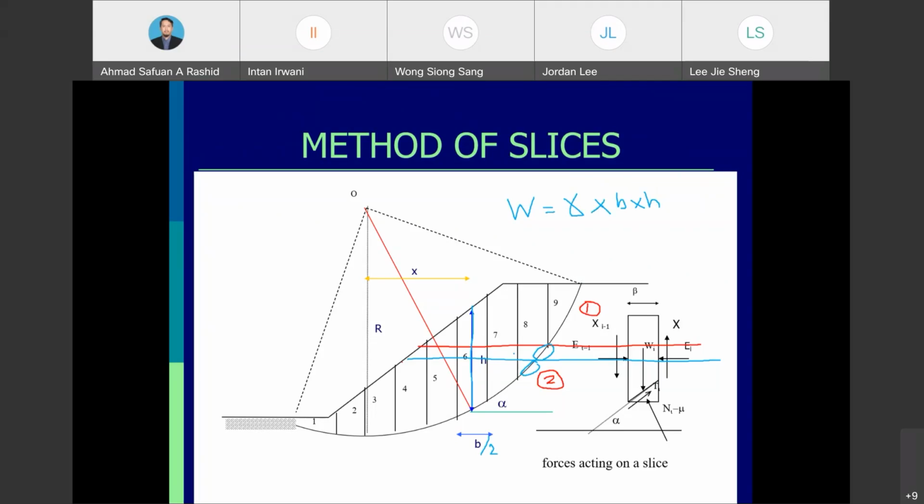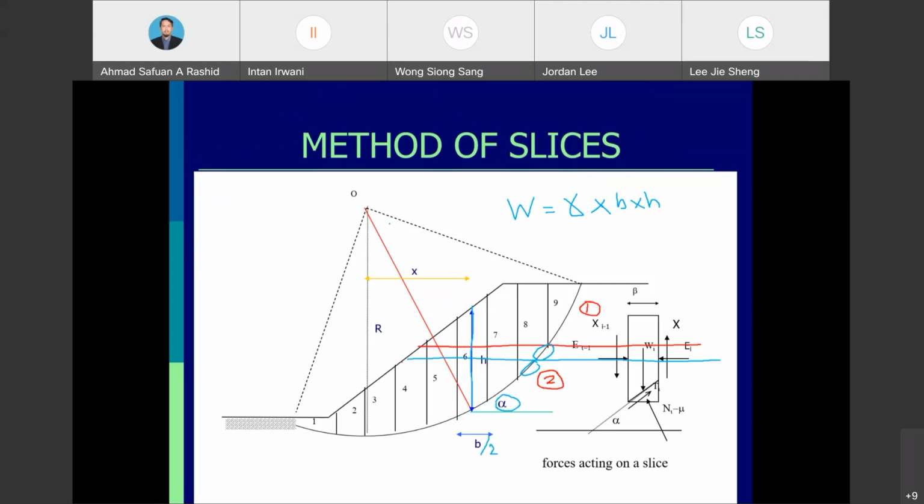And the last thing is to determine the alpha. Alpha will be used to determine the length of the slice at the base.